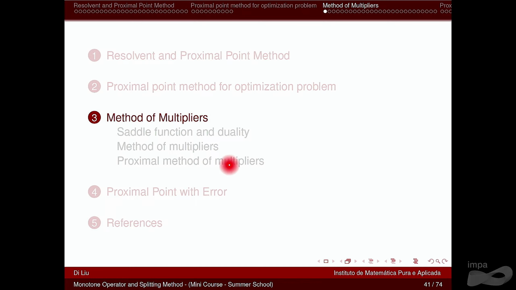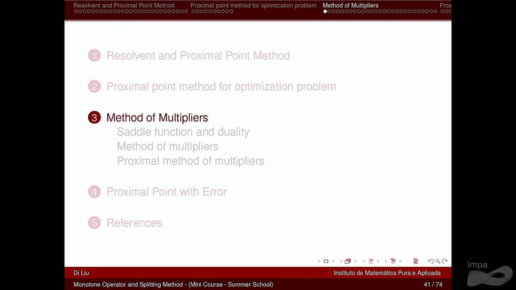But before we go to the method, most of the splitting methods are primal-dual methods, which means we do not only care about the sequence of the primal variable x^k, we also consider the dual problems and the dual variables, and whether the dual variable sequence can converge to the solution of the dual problems.